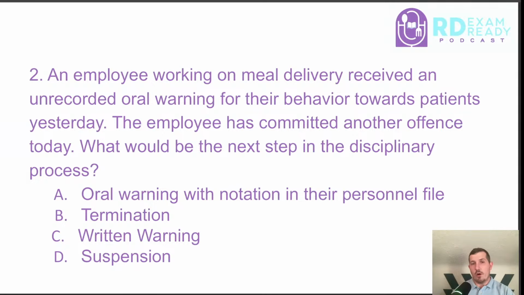An employee working on meal delivery received an unrecorded oral warning for their behavior towards patients yesterday. The employee has committed another offense today. What would be the next step in the disciplinary process?